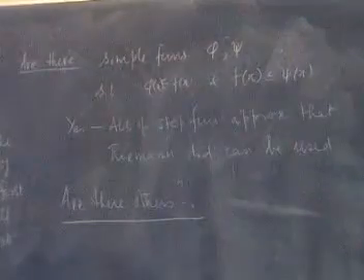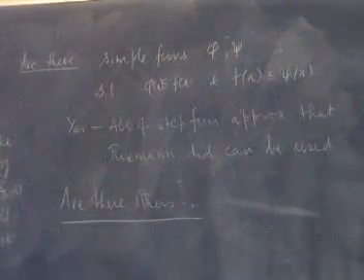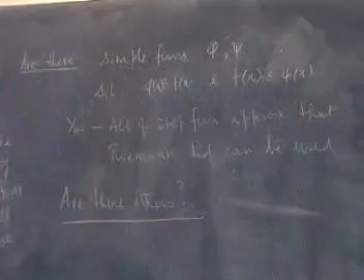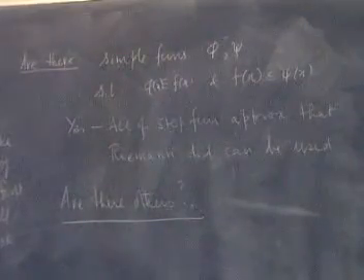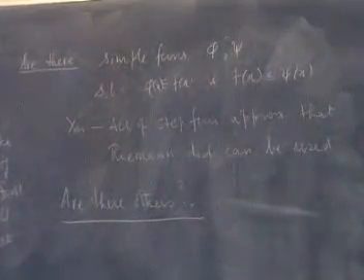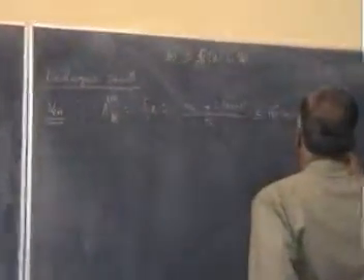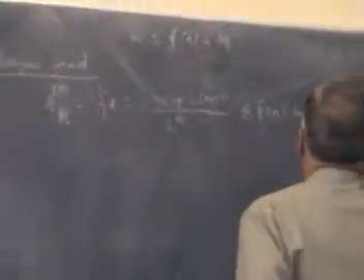Notation is terrible. Fix an n and look at this: m plus lk by 2 to the n less than f(x) less than or equal to m plus lk by 2 to the n.